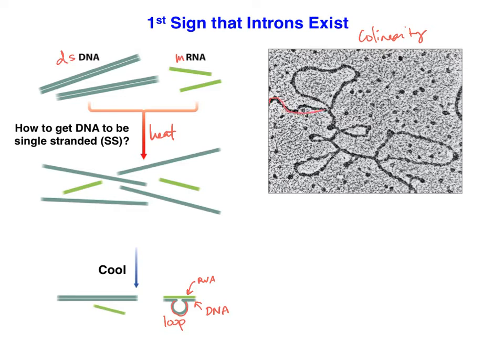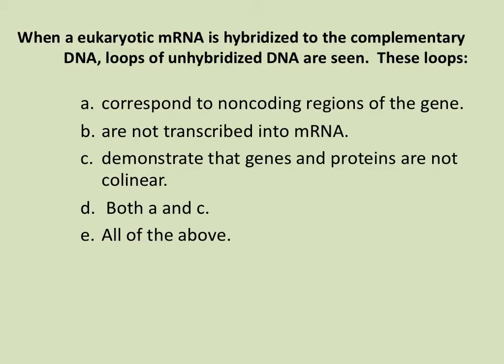We've got some linear regions over here. But then we've also got some loops that are not included in the linear region. What are these loops? When a eukaryotic mRNA is hybridized to the complementary region of DNA, loops of unhybridized DNA are seen.